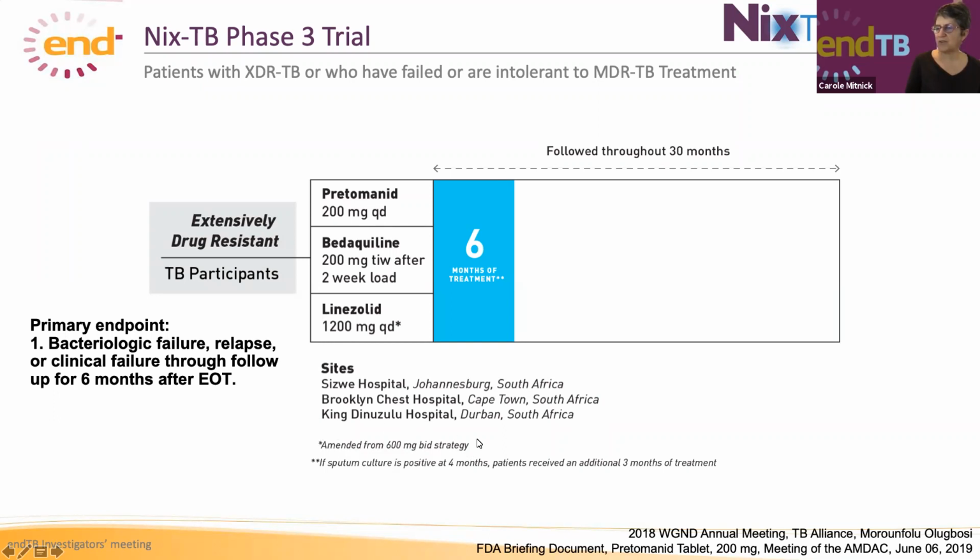Originally, it had been 600 milligrams BID, and the treatment lasted 6 months, and the study population was patients with treatment intolerant and treatment non-responsive rifampin-resistant and multi-drug resistant TB, or XDR or pre-XDR TB.